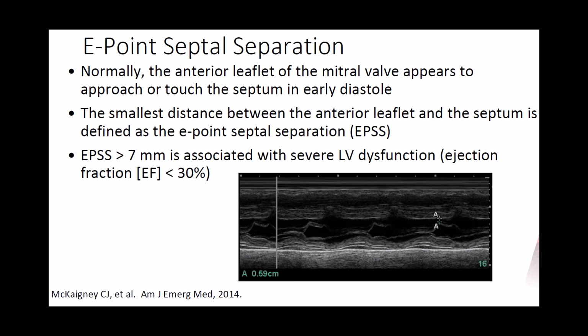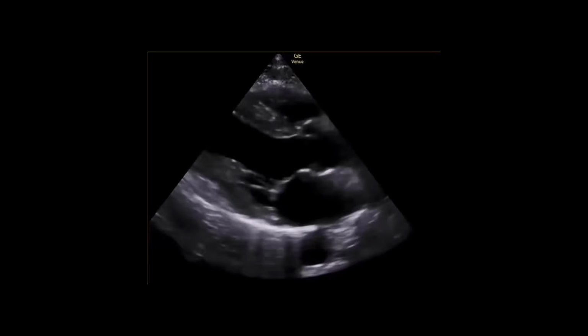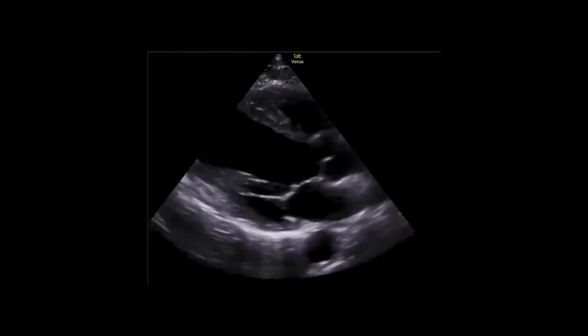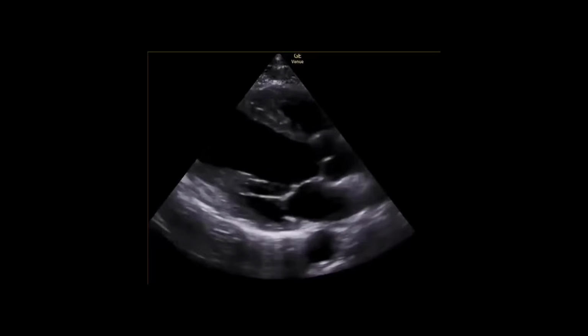And the reason why that happens is because the left atrium needs to get a large blood volume from the LA to the LV during diastole. So the two leaflets of the mitral valve just open wide, and then the blood ejects from the LA to the LV.